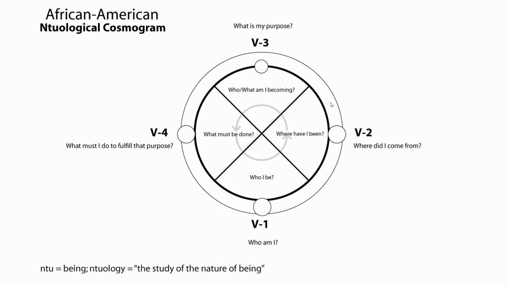And that is, who am I? Where did I come from? What is my purpose? And what must I do to fulfill that purpose? So, following the path of the sun for us, in part, will help us to answer these questions for ourselves.